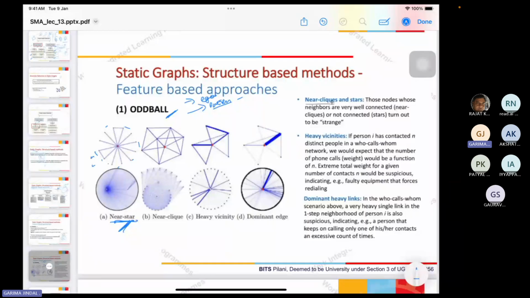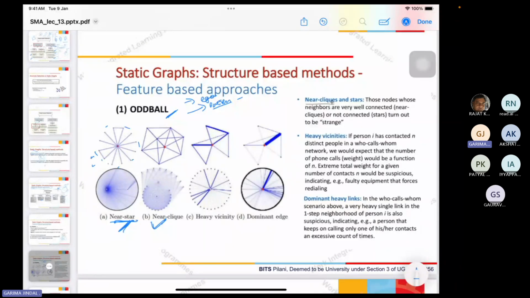Then they gave the second rule: if there is near-clique behavior in the network, if there is a certain node that is connected to all the other nodes and even its neighbors are connected to all the other nodes, then those nodes can again be considered anomalous. Why?